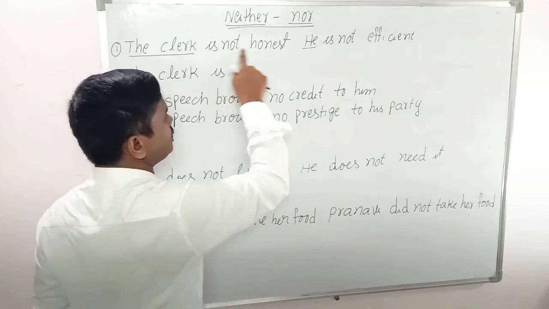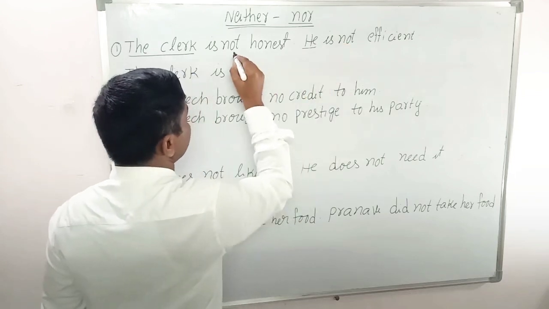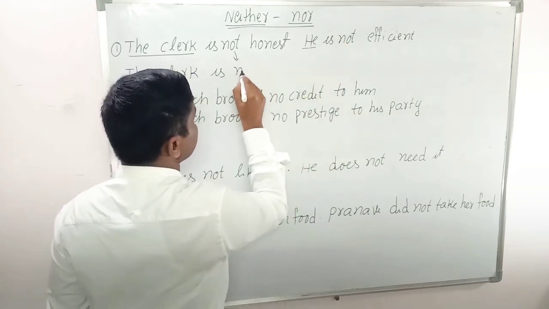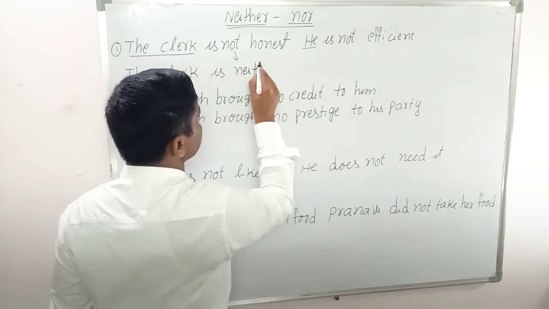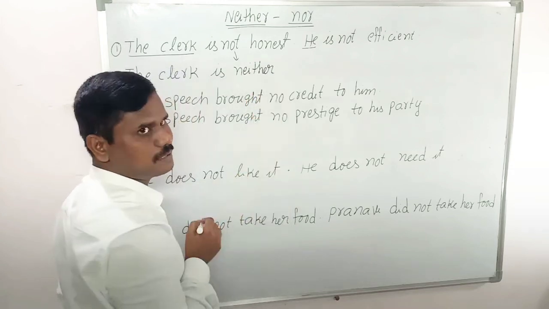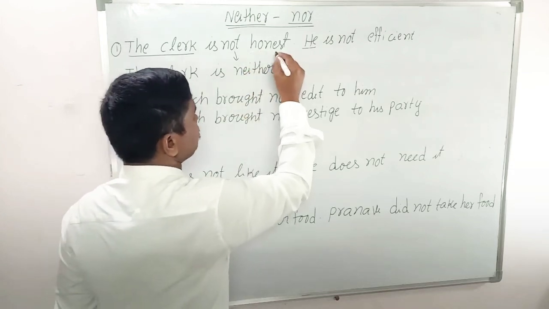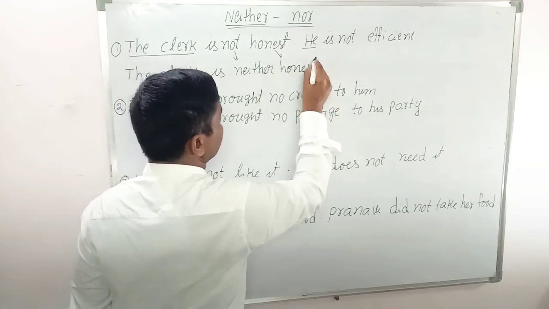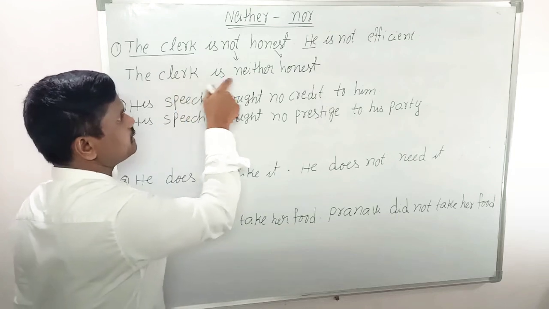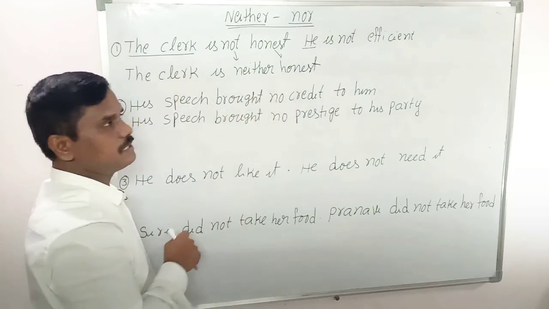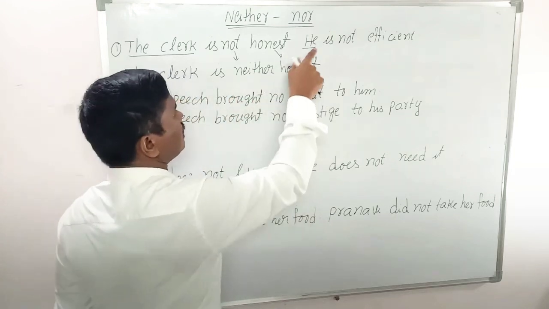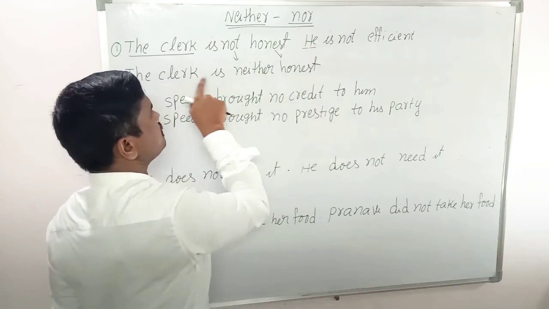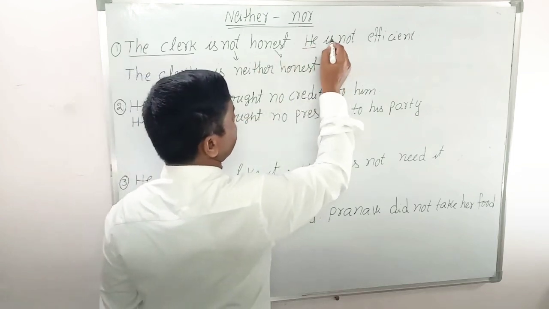Here negative word. In the first place you use neither. In this sentence, whatever the remaining part, you write here: honest. The clerk is neither honest. Cancel the full stop. Already the subject and verb are the same, so cancel.